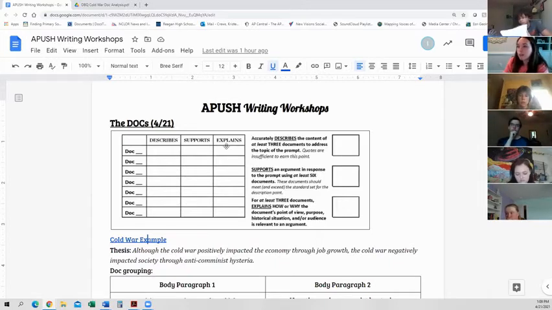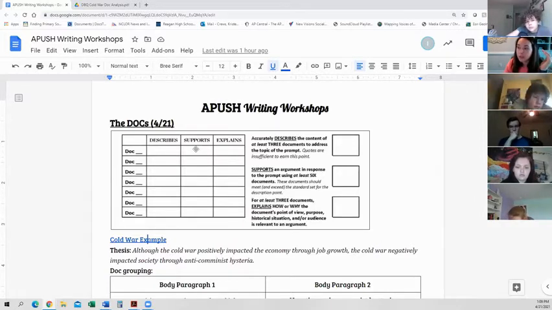You can't talk about Lawson's point of view without talking about the document. Does that make sense? And you guys have done so well on this. Most students are earning that explains point, okay? And you have to do that for 3 documents, which shouldn't be an issue, right? Because what we're practicing is that for every document I want you to describe, explain, support, okay?